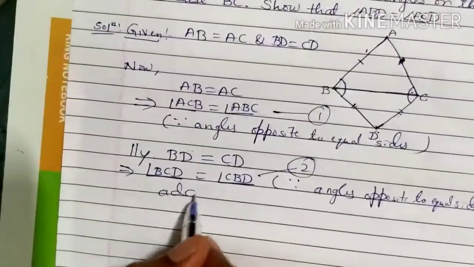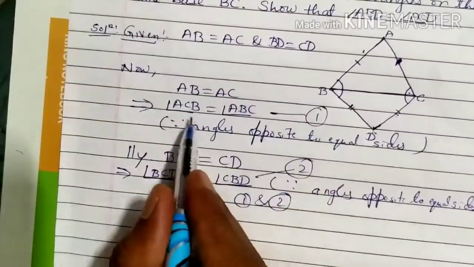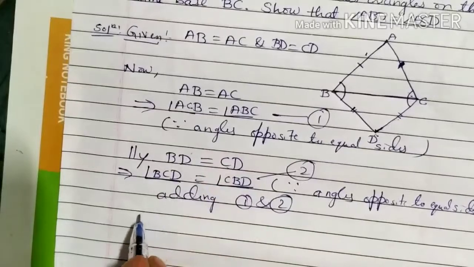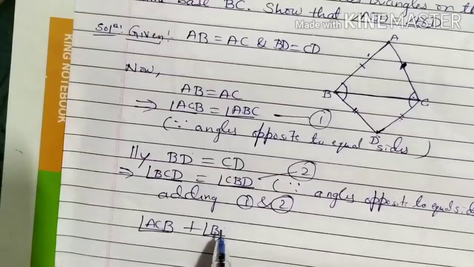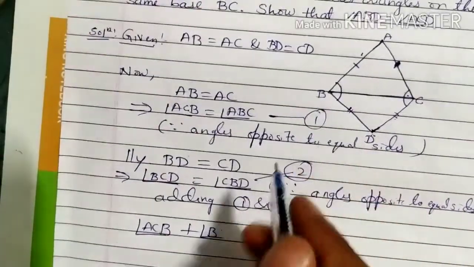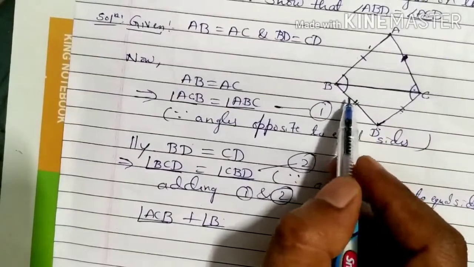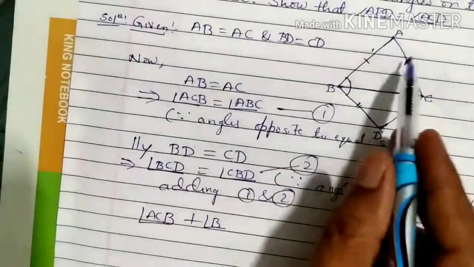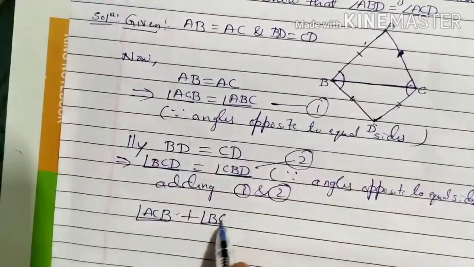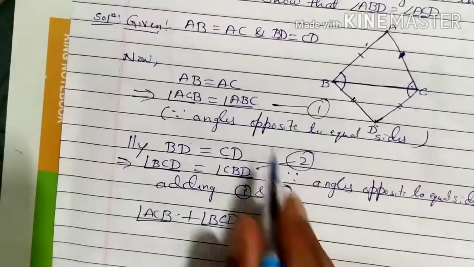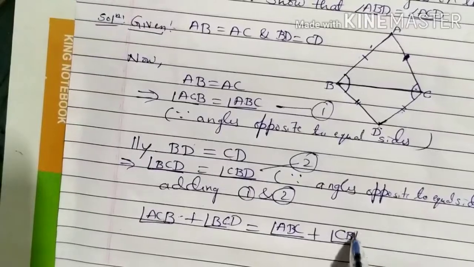Adding 1 and 2 means adding the left hand sides: angle ACB plus angle BCD, that is equal to angle ABC plus angle CBD.